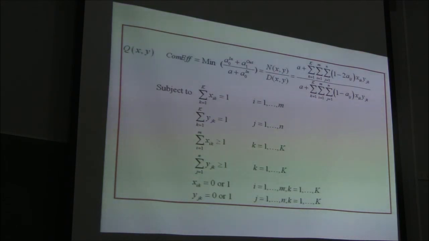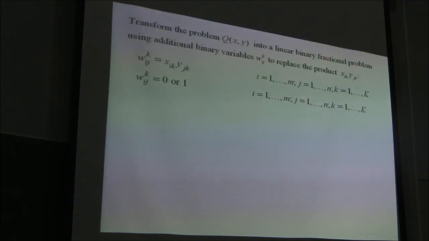This is a very straightforward way to do it. The idea is to replace each product here by a variable depending on i, j and k. And these variables are also 0, 1. So we maintain the binary characteristic of the model.